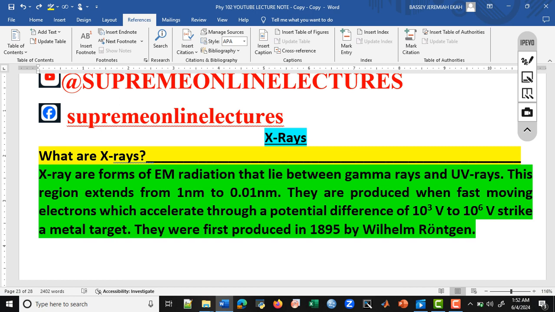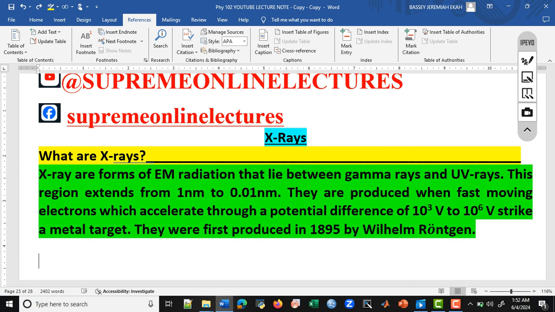This region extends from 1 nanometer to 0.01 nanometer. The word nano here means 10 to the power -9. They are produced when fast-moving electrons, which accelerate through a potential difference of 10 to the power 3 volts to 10 to the power 6 volts, strike a metallic target.